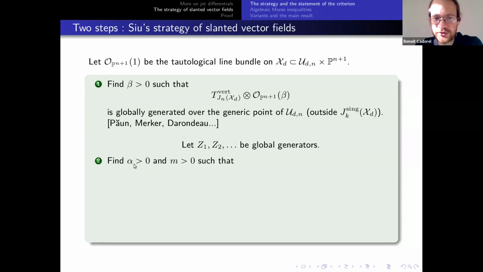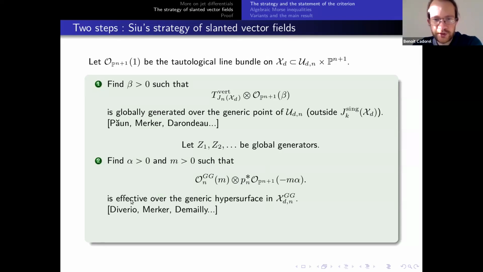So you want to find some alpha and m such that you have a section of the Green-Griffiths tautological bundle on X_k^GG that vanishes on your hypersurface, at least at order m alpha. And so m here should be large enough, but its value will not matter actually.